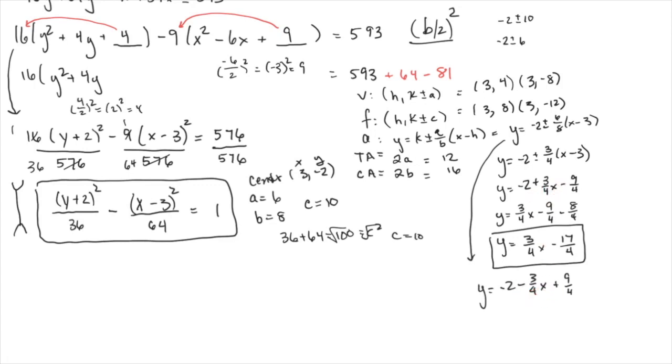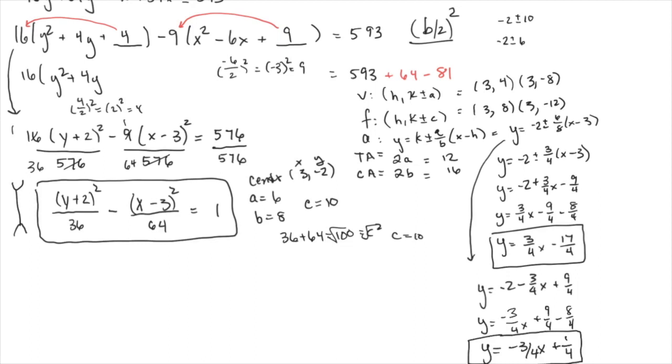So I'm going to get something very similar to before, but the signs are a little bit different. If I complete this, we're going to get y equals -3/4 x plus 9/4 minus 8/4, to get a final asymptote of y equals -3/4 x plus 1/4. And that finishes it out.